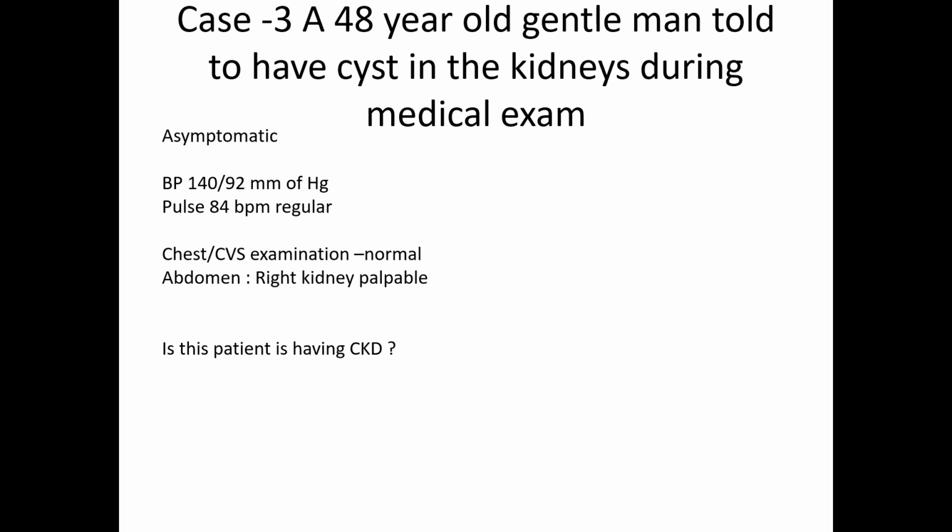Pulse is regular, 84 per minute. Chest and cardiovascular examination normal. On abdominal examination, the kidney on the right side is palpable by manual examination. Otherwise, not able to feel any cyst. Surface is smooth. Is this patient in chronic kidney disease? The question arises.